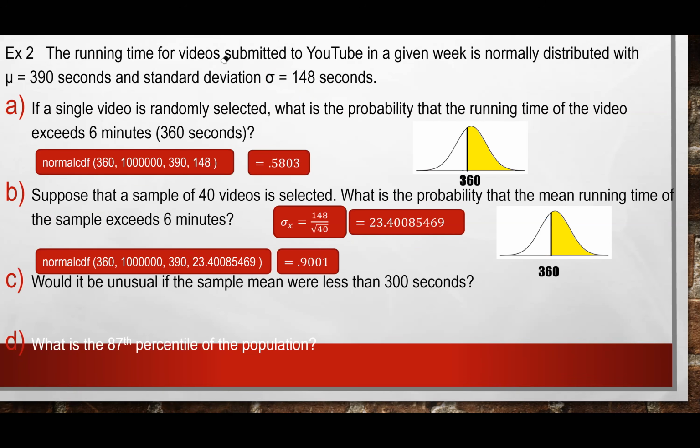So question with A or B here, ladies and gentlemen. Would it be unusual if a sample mean, again, sample mean, right? Because they tell us the sample mean, we deal with a standard error, which is the sample standard deviation in B. So would it be unusual if the sample mean is less than 300 seconds?